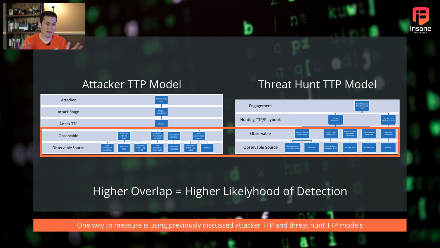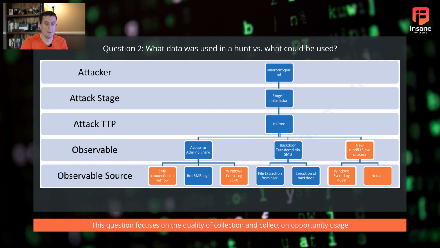So if you think of it straight ahead, you're saying, okay, I have all of these threat intel derived observables, and now I know that I'm looking for 90% of the observables that I know about. So this is one way to measure those attacker TTPs against your threat hunt model.